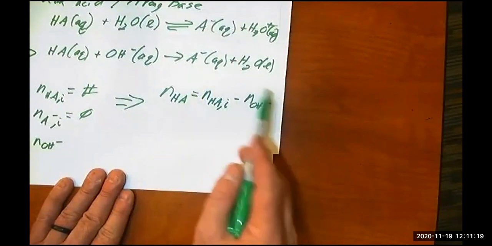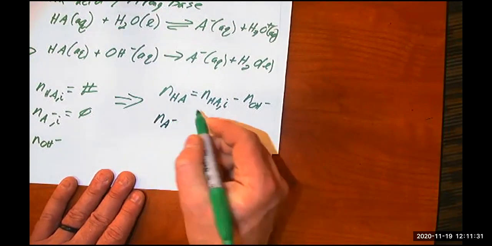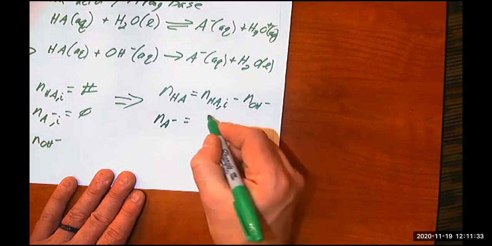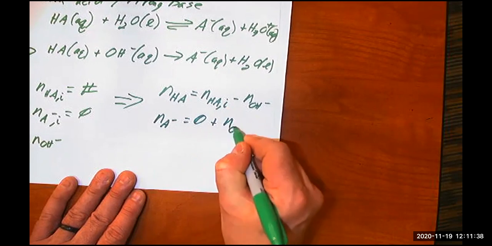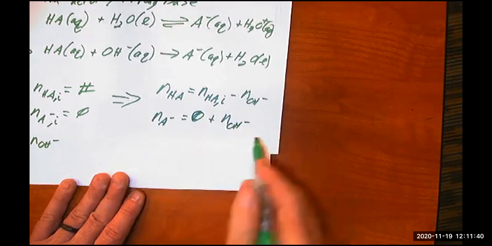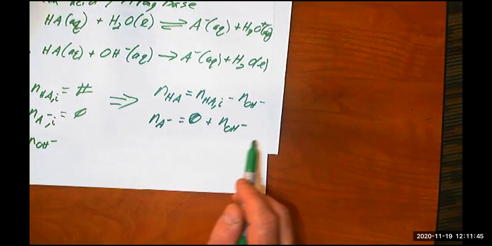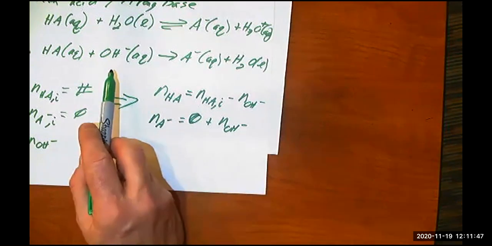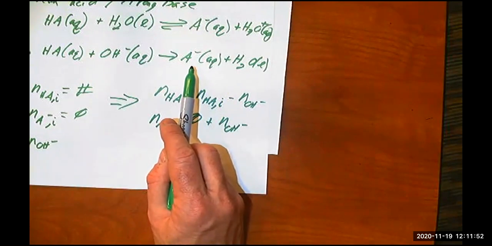So the amount of hydroxide we add is the amount that gets subtracted from how much HA we start with. Then the number of moles of A minus becomes 0, how much we started with, plus the number of moles of hydroxide that we added. So for each ion of hydroxide that's added, it makes one molecule of A minus.